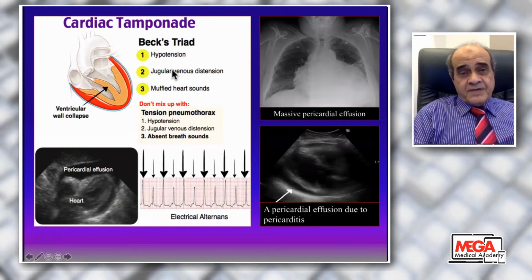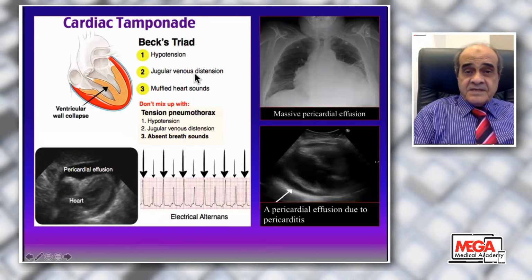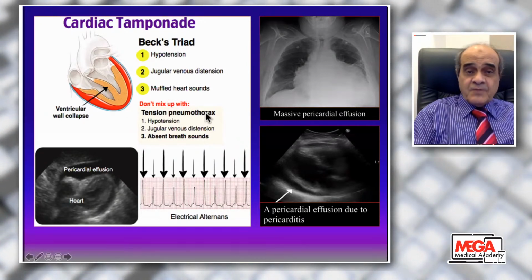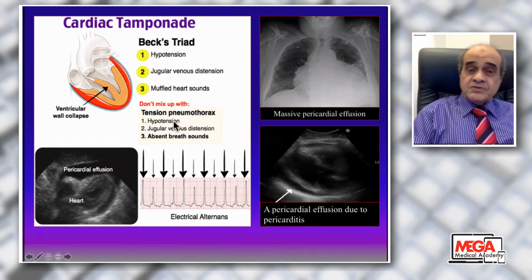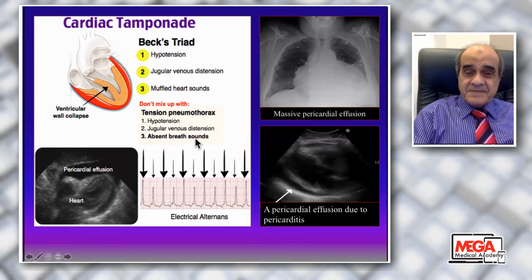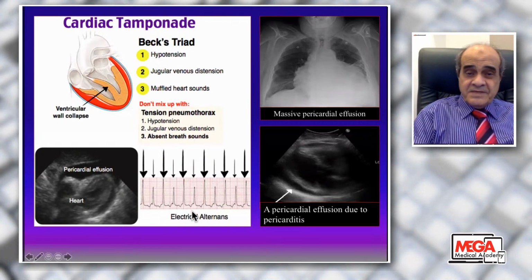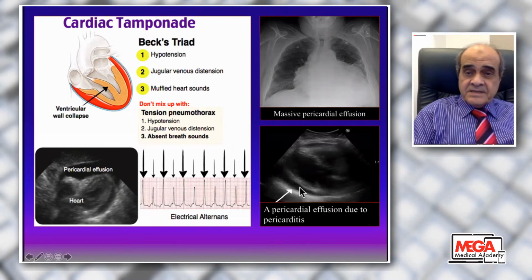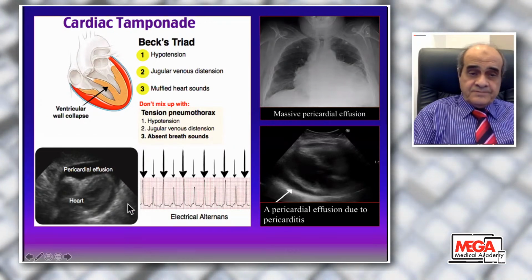The big triad: hypotension, jugular venous distension, and muffled heart sounds. We have to differentiate from tension pneumothorax, in which there is also hypotension and jugular venous distension, but absent breath sounds. It's very important. Electrical alternans here, as you see. This is another case of pericardial effusion.